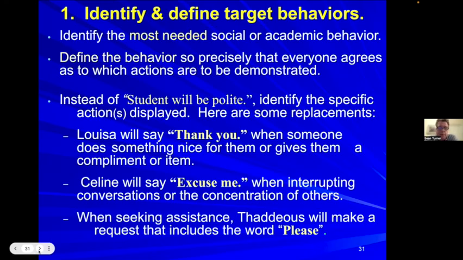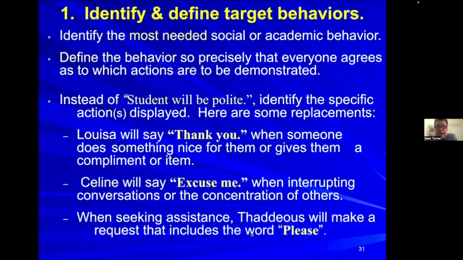Instead of "student will be polite," we can look at these examples. Louisa will say thank you when someone does something nice for them or gives them compliments or an item. Celine will say excuse me when seeking assistance. Theodos will say a sentence that includes the word please.